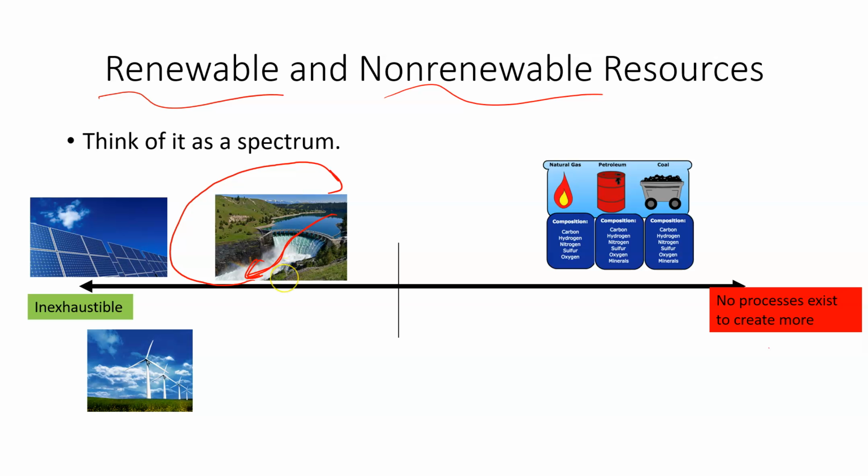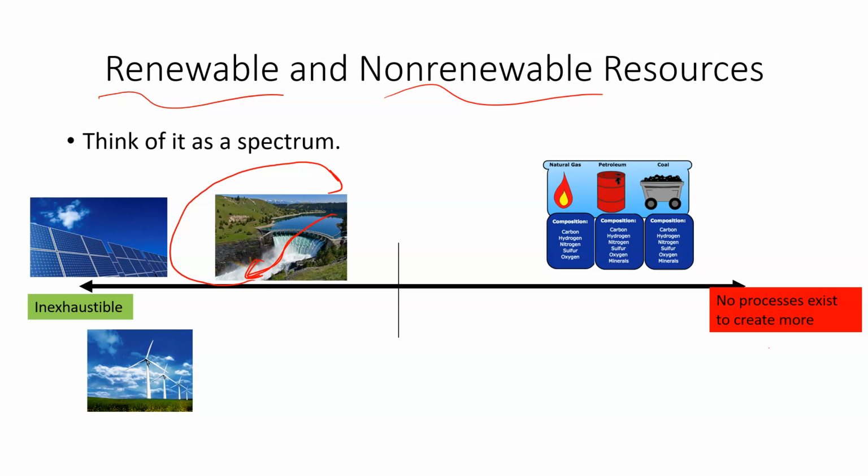And then on the non-renewable side, we've got things like fossil fuels, where theoretically, because they are the remains of partially decayed and compacted and heated plants over time, and plants exist today, theoretically we could make more oil or more natural gas or perhaps even more coal from those.